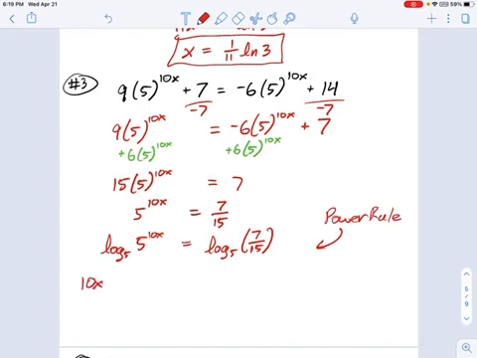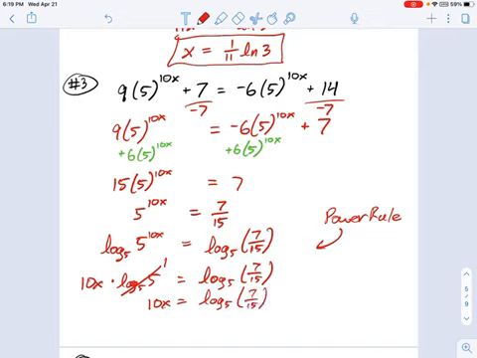So this becomes 10x times the logarithm base 5 of 5 equals logarithm base 5 of 7 over 15. Which means since log base 5 of 5 is just equal to 1, this is 10x equals log base 5 of 7 over 15. And that means x equals 1 over 10 times the logarithm base 5 of 7/15. And that is your solution to this equation.